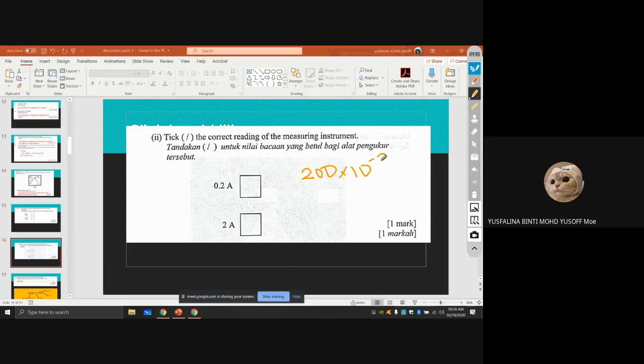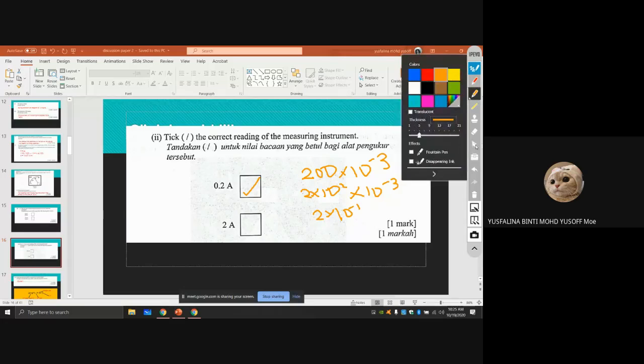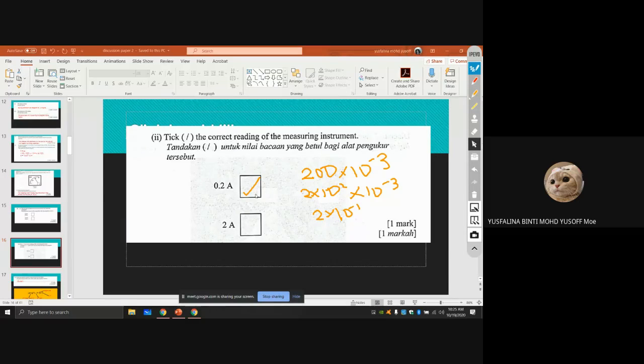So you change 200 to standard form, 2 times 10 power of 2, multiplied by 10 power of negative 3. You solve it, you get 2 times 10 power of negative 1, so that should be 0.2 ampere. That's the answer. Right, 0.2 ampere.